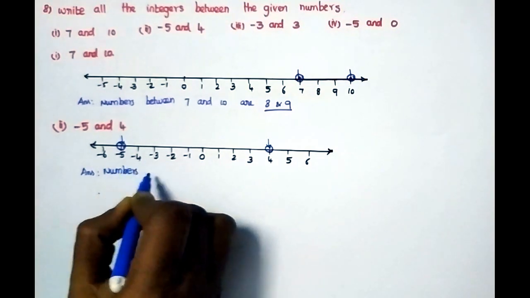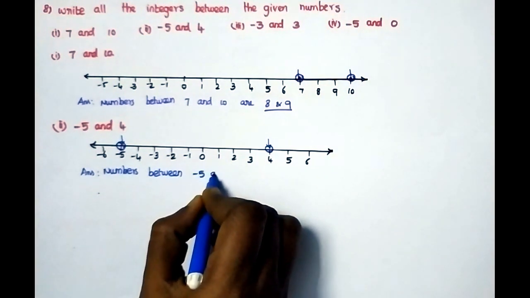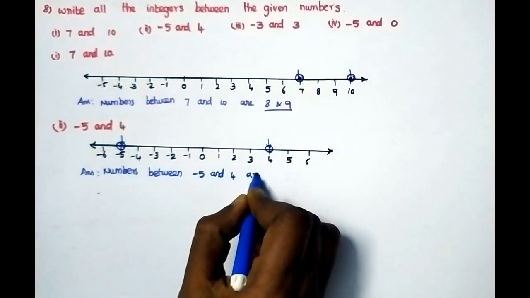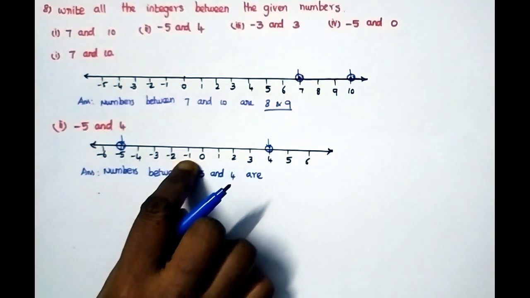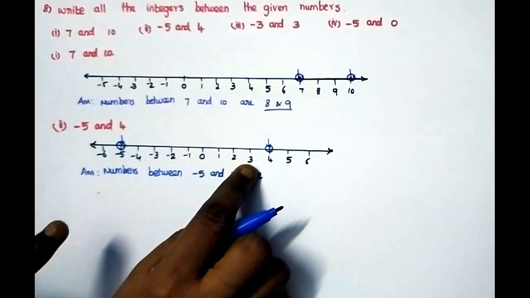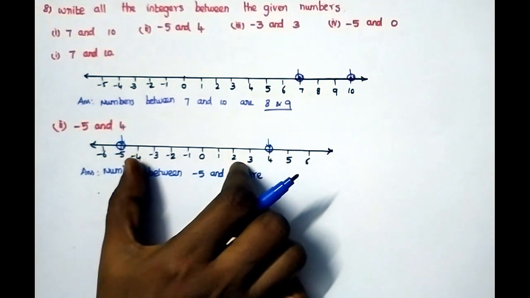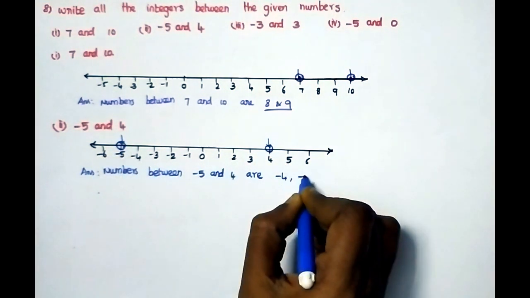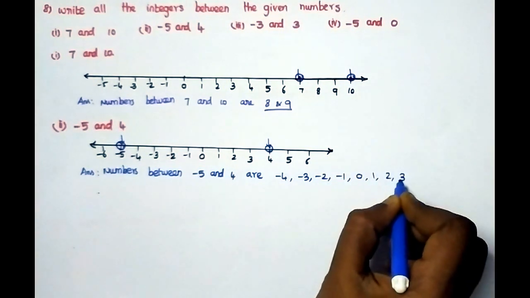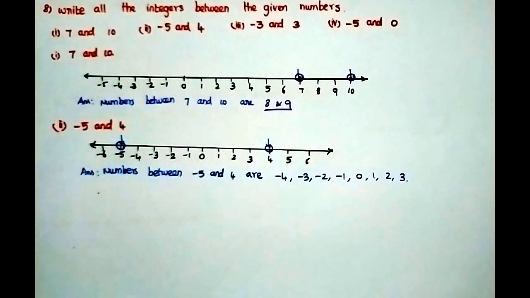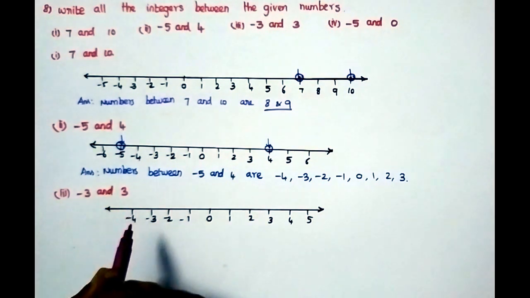Numbers between minus 5 and 4 are minus 4, minus 3, minus 2, minus 1, 0, 1, 2, 3. Avoid these two numbers. In between numbers only they ask. So minus 4, minus 3, minus 2, minus 1, 0, 1, 2, 3. That is the answer.